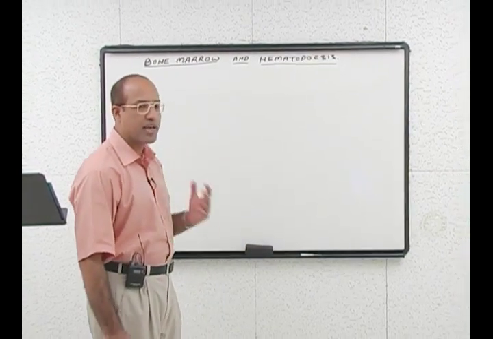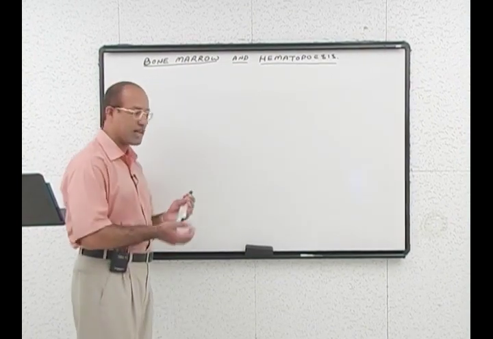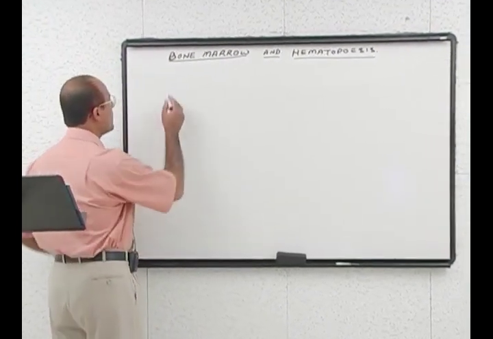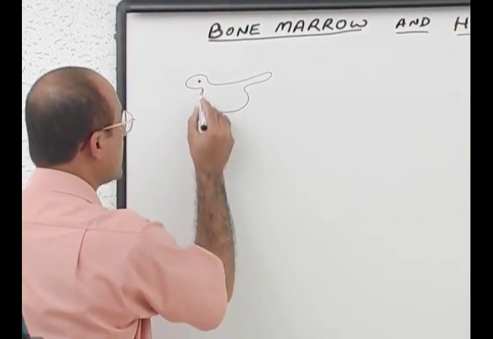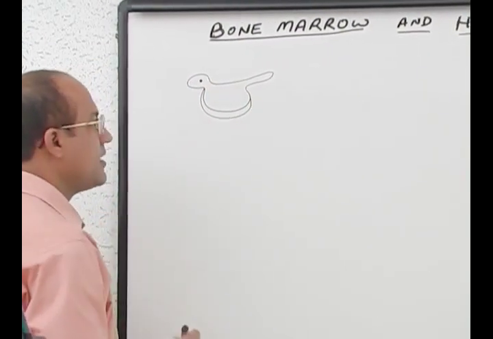Let's start with the very beginning, from embryonic and fetal life. First of all, the cells which make... okay, this is the yolk sac, right?